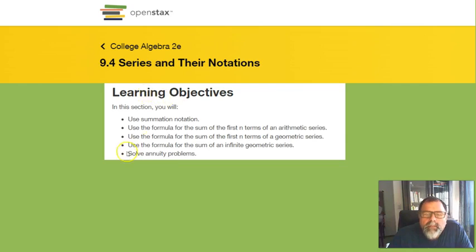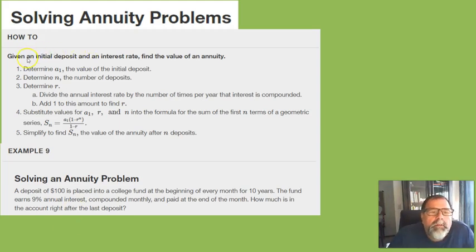And our last objective, solve annuity problems. Solving annuity problems. So here's the technique. Given an initial deposit and an interest rate, find the value of an annuity. Determine the initial value, the initial deposit, determine N, the number of deposits, determine R. So remember, for R, you just divide the annual interest rate by the number of times per year that interest is compounded, and add 1 to this amount.